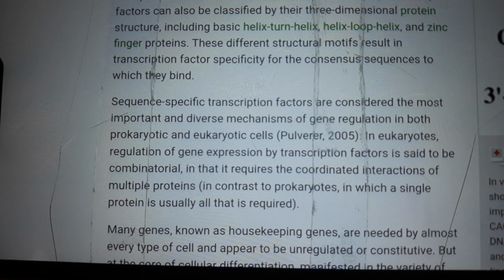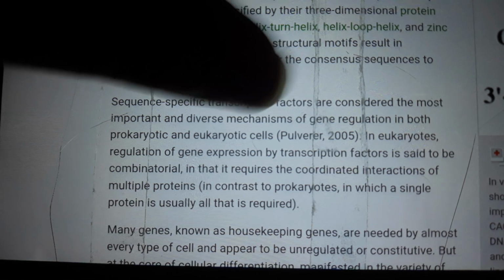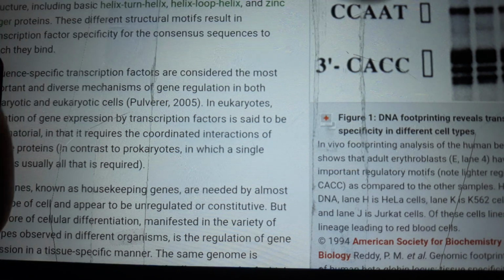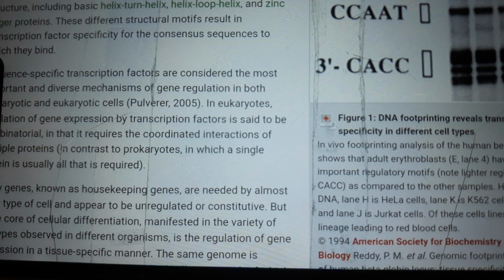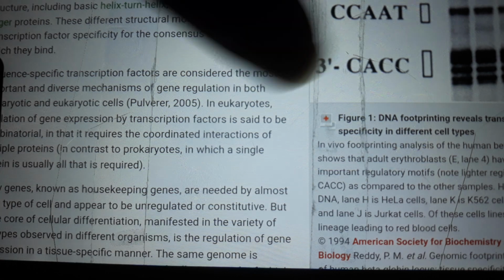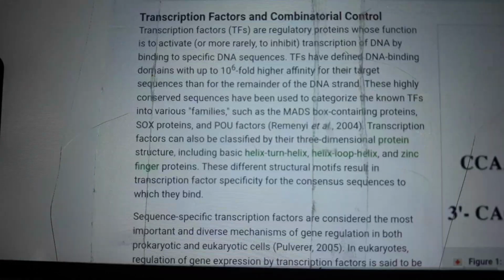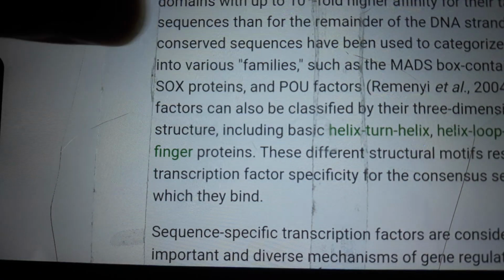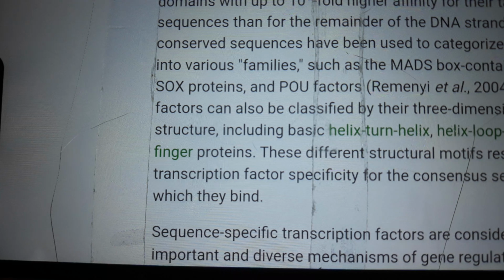In eukaryotes, regulation of gene expression by transcription factors is said to be combinatorial, in that it requires the coordinated interactions of multiple proteins.